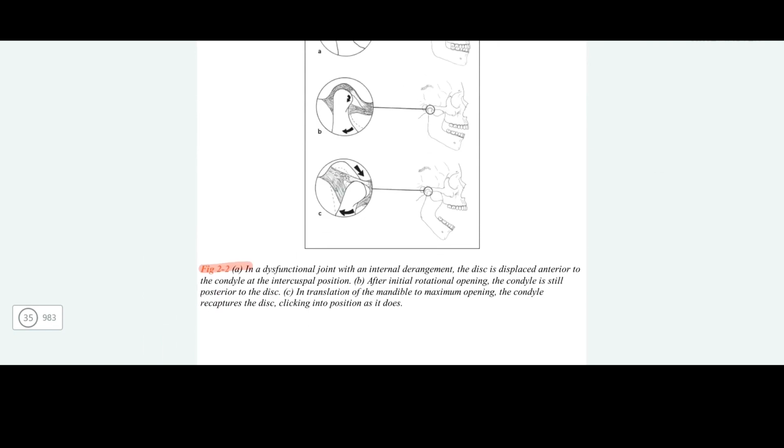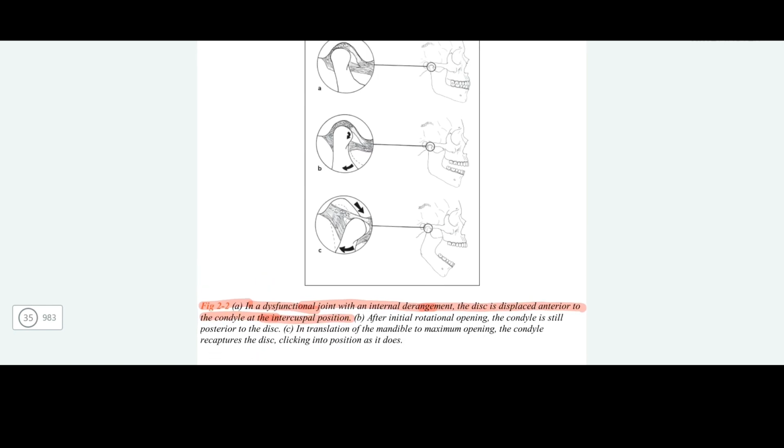Okay, we see here in number A, in a dysfunctional joint with anterior derangement, the disc is displaced anterior to the condyle at the intercuspal position. What does that mean? Okay, that means the disc now is anterior, and the condyle is posterior.